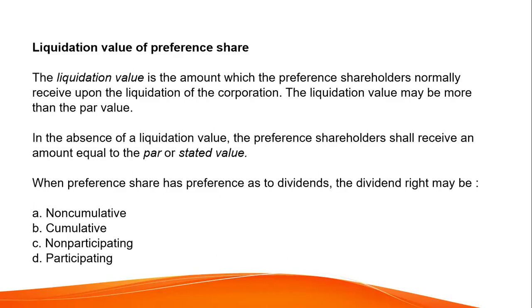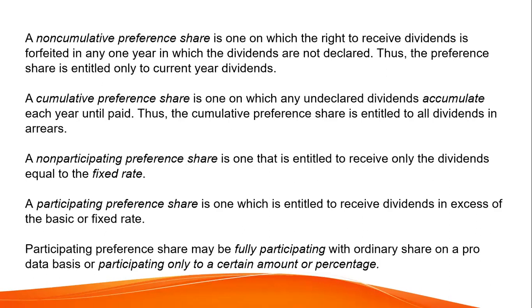value. When preference shares have preference as to dividends, the dividend right may be non-cumulative, cumulative, non-participating, and participating. A non-cumulative preference share is one on which the right to receive dividends is forfeited in any one year in which the dividends are not declared.